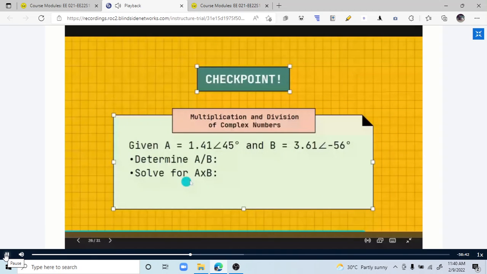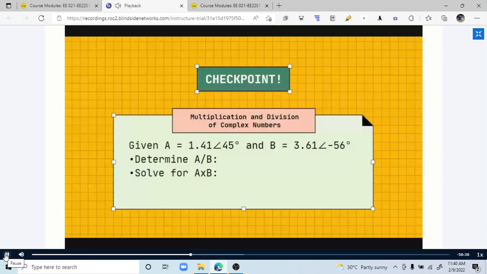You are given A is equal to 1.41 angle 45 degrees and B is 3.61 angle negative 56 degrees. Determine A divided by B and solve for A multiplied by B. So what is A divided by B and what is A multiplied by B?